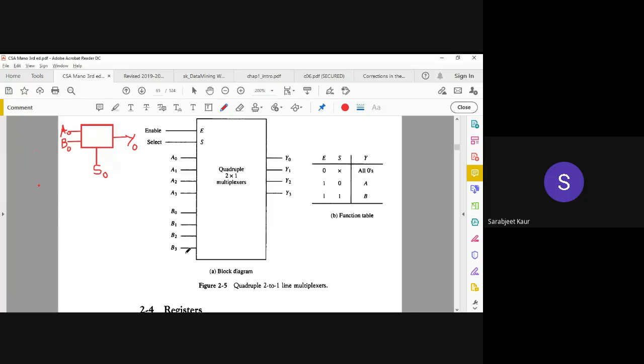Is this clear? Ma'am, will you please repeat? Okay, that is why I was drawing this. Let me see if I can draw at least one or two more of these. Let us see.